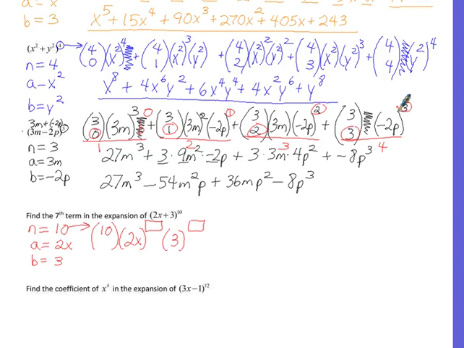Can you see why that might be interesting if I want to know the 7th term? The term number, in particular here 7, remember this term number, 4, is 1 more than these two numbers. The term number 3 is 1 more than these two numbers, and so on. If I have the 7th term, the bottom number in the combination is going to be a 6.